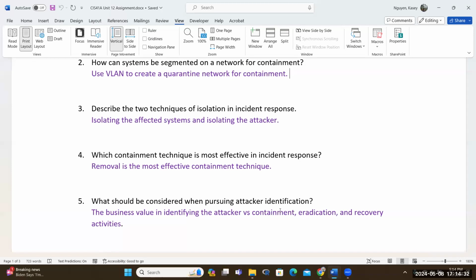Like your asset value, your critical system. It doesn't just mean what that system costs. So a server might cost you $10,000, but its operation is worth a lot more to the company's overall business, right, incentive or business profit.